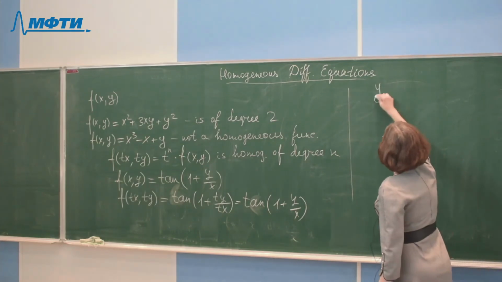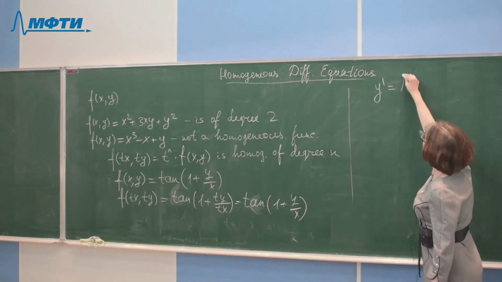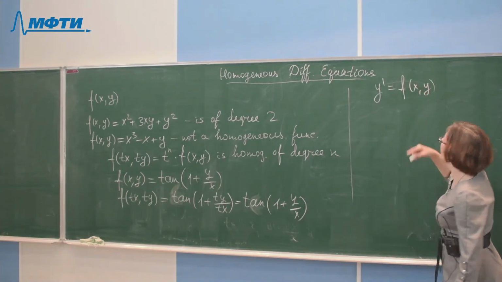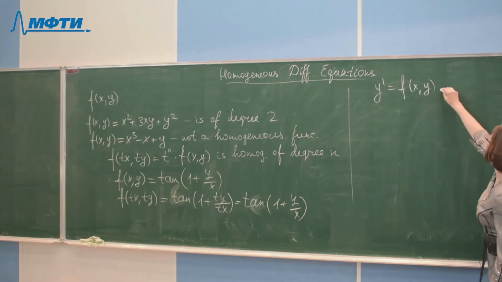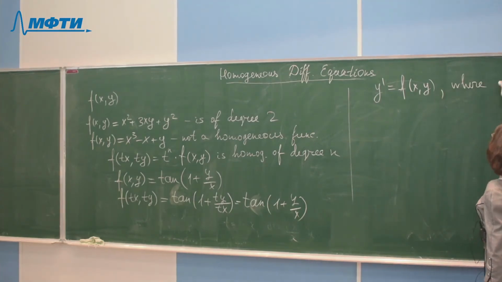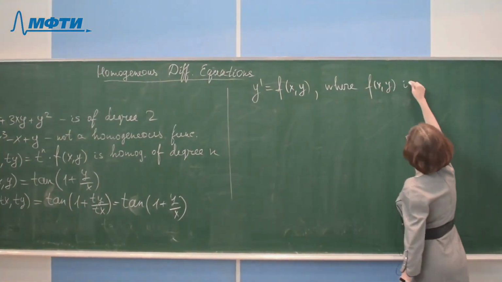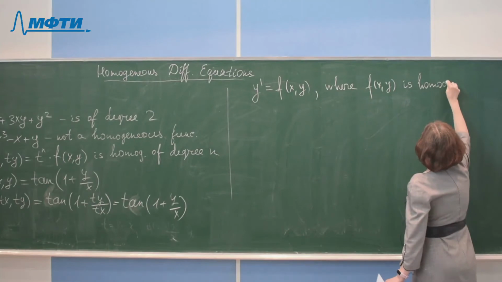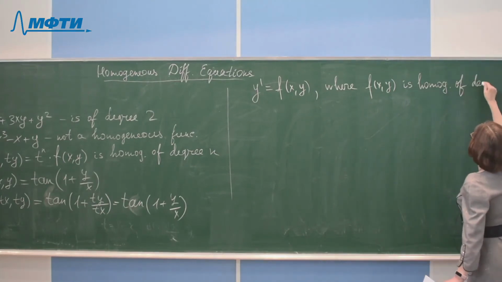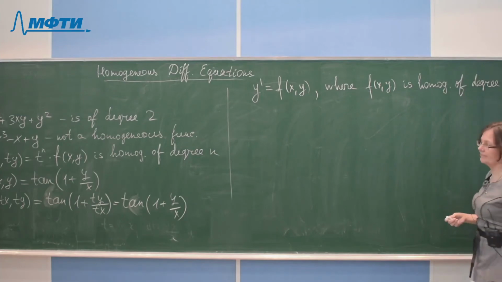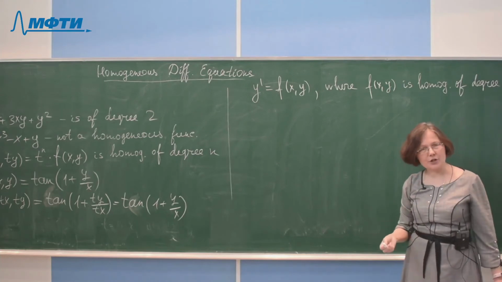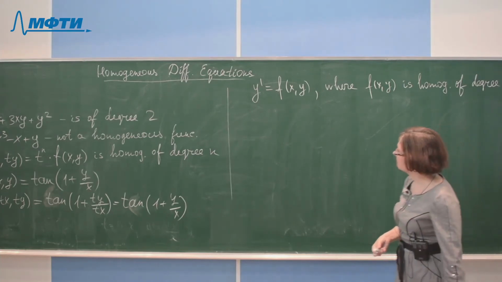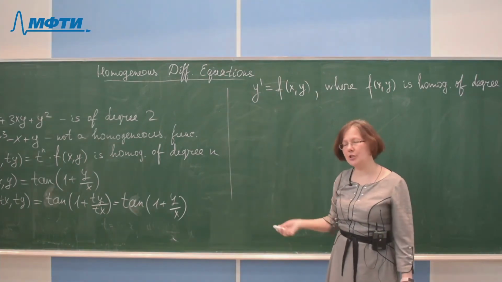If it can be represented in the form y prime equals f of x, y, where f of x, y is a homogeneous function of degree 0, then this differential equation is called a homogeneous differential equation.